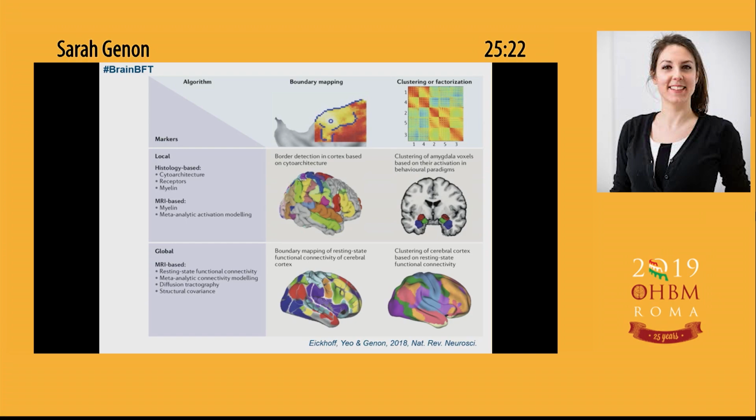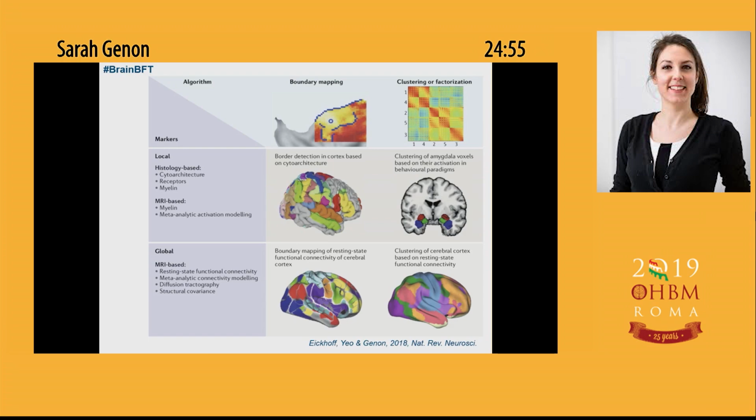Then when connectivity was used as a feature for brain parcellation, some studies started using clustering or factorization approaches. Here the basic idea is that the algorithm looks at the similarity pattern of the voxels or the vertices and tries to extract a pattern, a representation, from there.